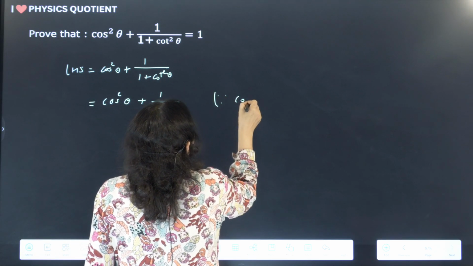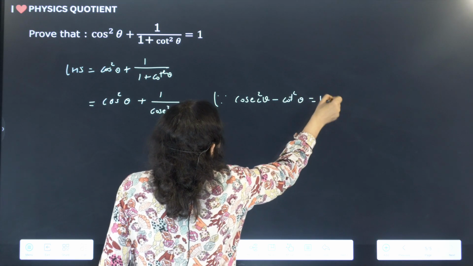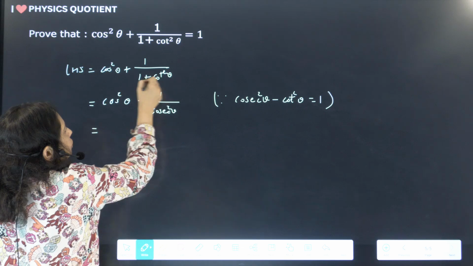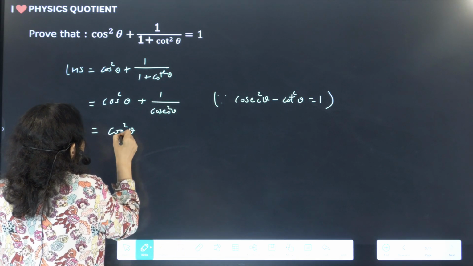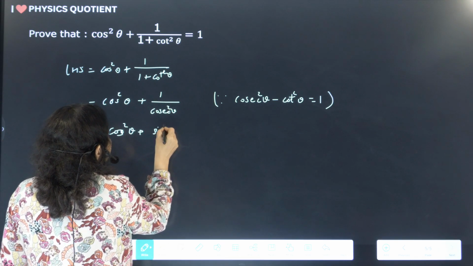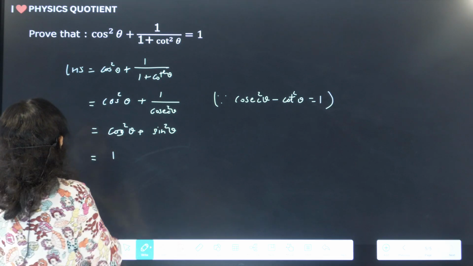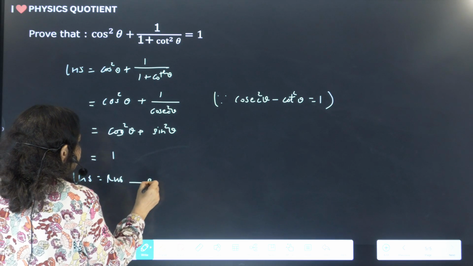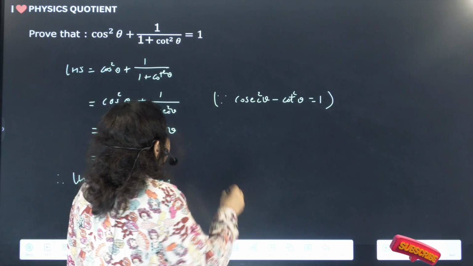Reason, cosec square theta minus cot square theta is 1. So 1 plus cot square theta is cosec square. Cos square theta plus 1 upon cosec square is sin square theta, and as we know, cos square theta plus sin square theta is 1. Therefore LHS equal to RHS. Proved. Right?